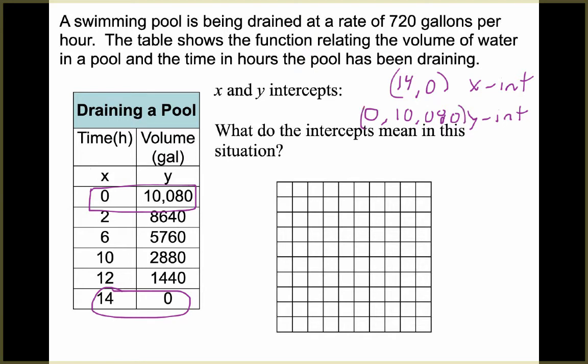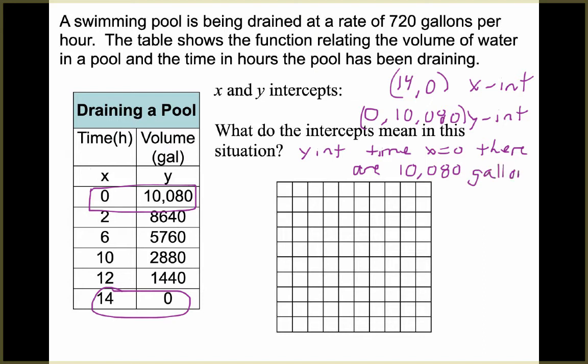Okay, so we have our x and y intercepts, and what do these intercepts mean? Well, we're talking about draining a pool, and how long it takes to drain the pool. The y-intercept tells us at time x equals 0, there are 10,080 gallons of water.